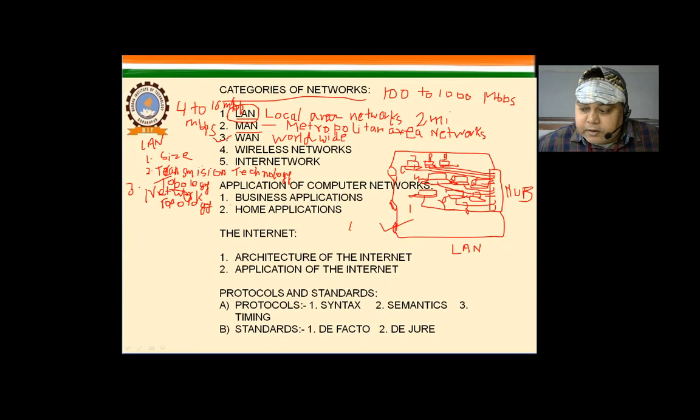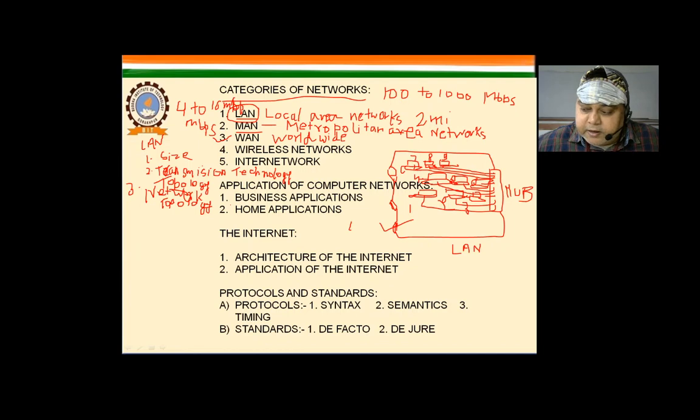A metropolitan area network is basically a bigger version of a LAN and normally uses similar technology.